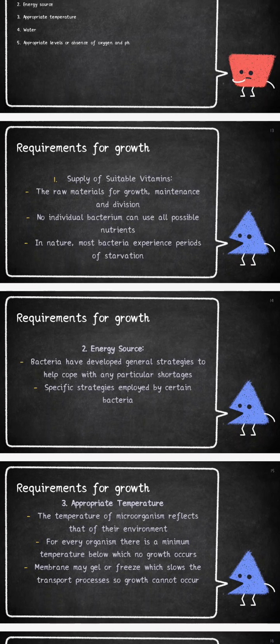And for chemoheterotrophs, the energy source is organic compounds and the carbon source is again organic compounds. So those are the nutrient requirements for growth of the bacteria.